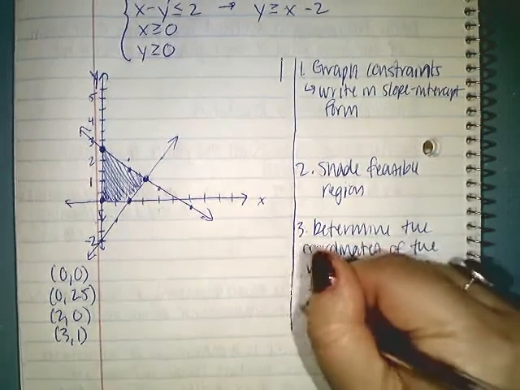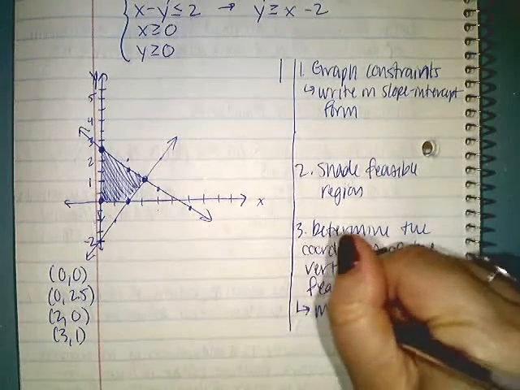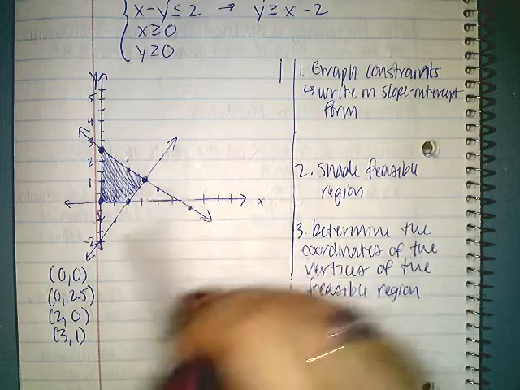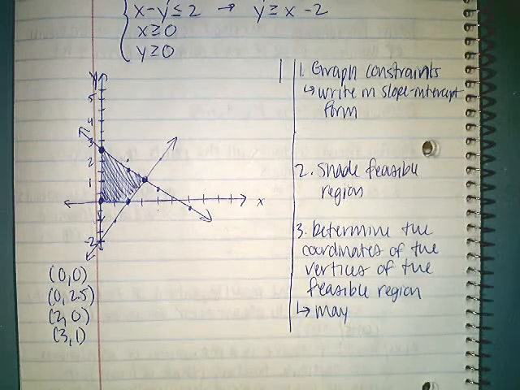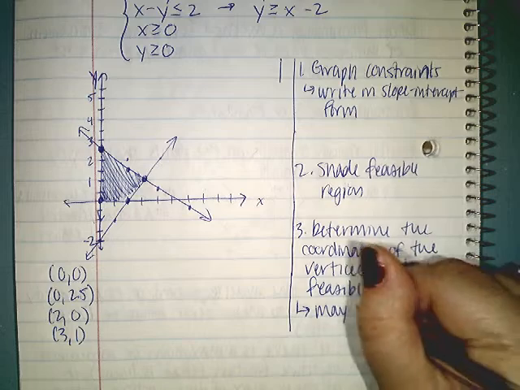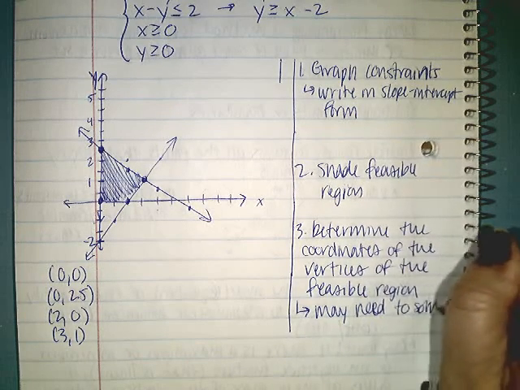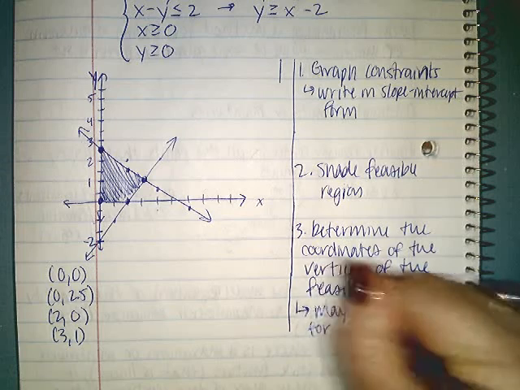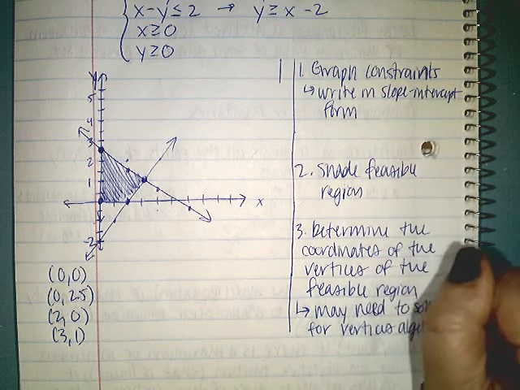One thing I want to note is if you can't see this when you're graphing visually, you may need to solve algebraically. So I might have to solve this system algebraically to find that point or that vertex, sorry. So I'm going to note that you may need to solve for vertices algebraically.